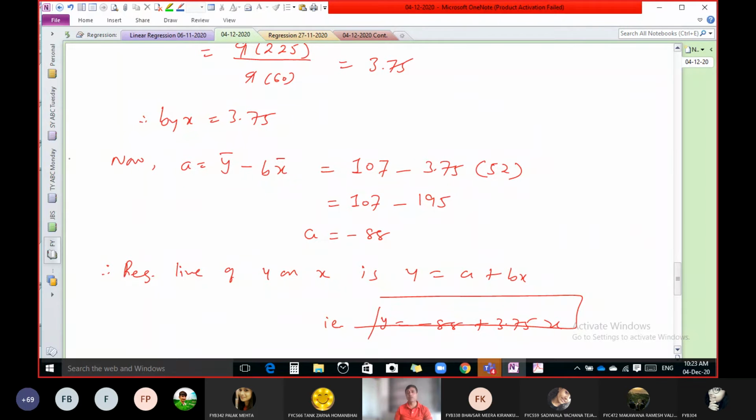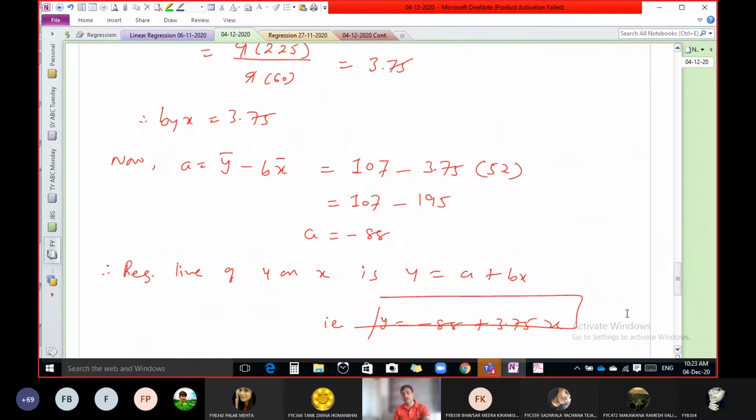Now let us find out the value of a. So our formula for a is equal to y bar minus b x bar. We have a value of x bar, y bar and b. So just substitute. Y bar is 107, x bar is 52 into 3.75. 52 into 3.75 is 195, and 107 minus 195 is minus 88.